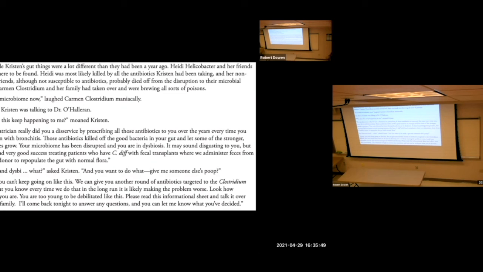"And you want me to do what?" asked Kristen. "Give me someone else's poop?" "Kristen, you can't keep going on like this. We can give you another round of antibiotics targeted to Clostridium difficile, but you know every time you do that, in the long run it is likely going to make the problem worse.